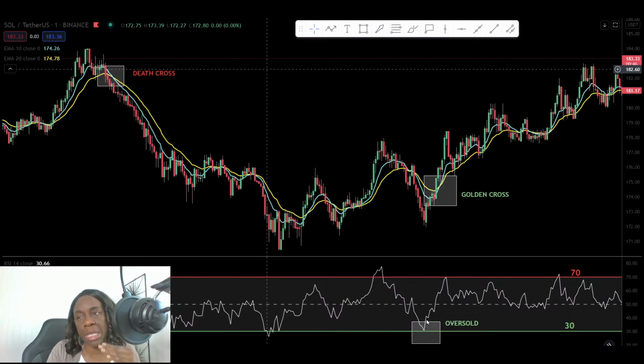Okay, but we now want a sign to actually enter. And so after we get that RSI signal, we have 1, 2, 3, 4, 5, I would say 6 minutes later, maybe 7 minutes later, then we get a golden cross. That would be the point at which I would now enter into my long position.